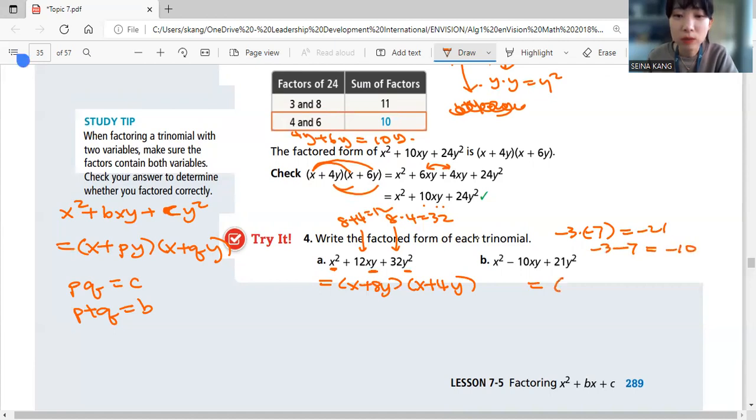Okay, so you have x plus negative, let's get rid of the plus. x minus 3y times x minus 7y, okay? All right, if you got both of them correct, good job. You know how to factor the trinomial as well.